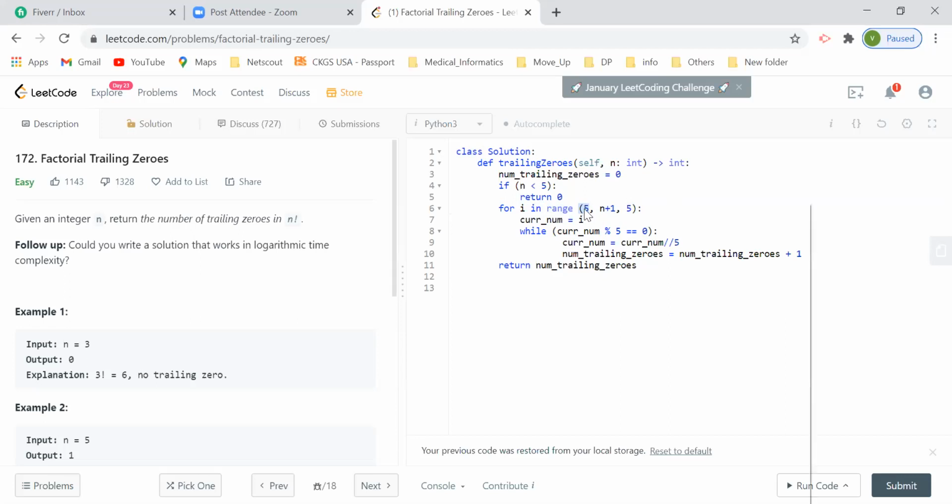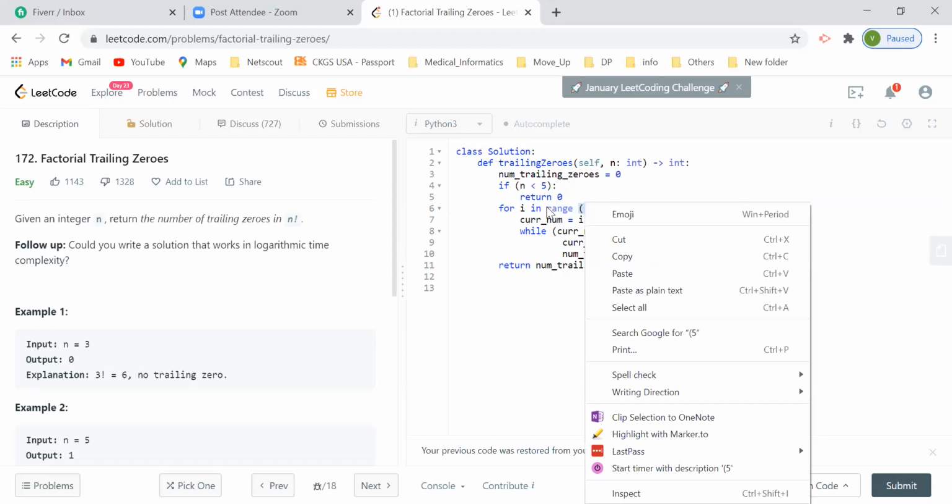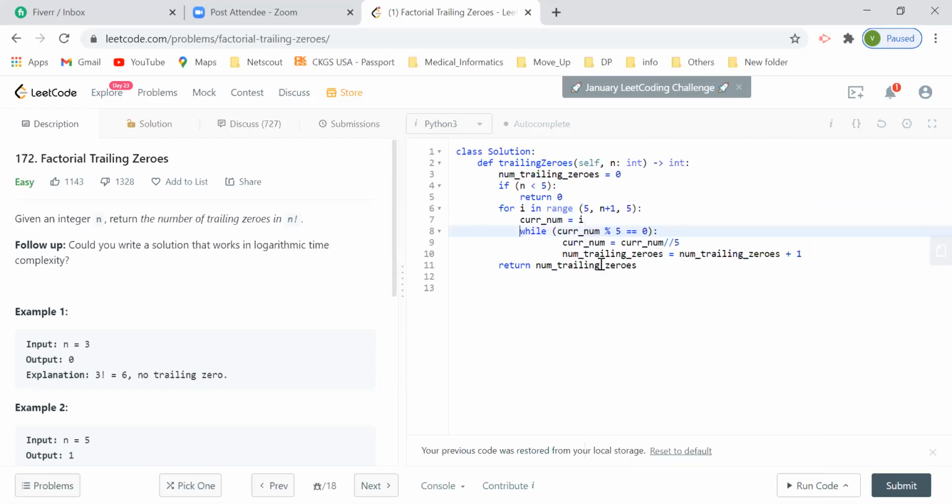So 5, 10. If you take 5, it is divisible 1 time, and there is a 2 there, so 5 into 2 becomes 10, and your number of trailing zeros becomes 1. If you take 10, it is again 5 into 2, so it has only one zero.